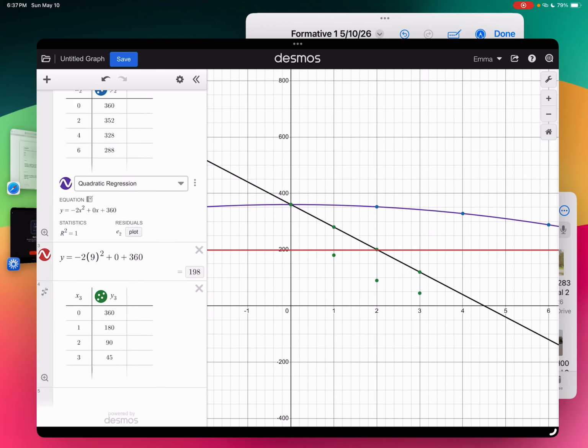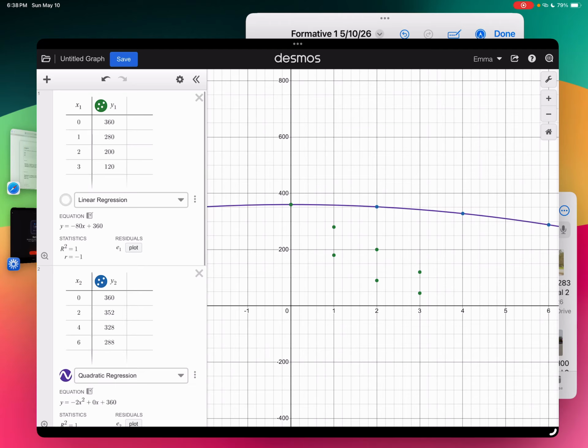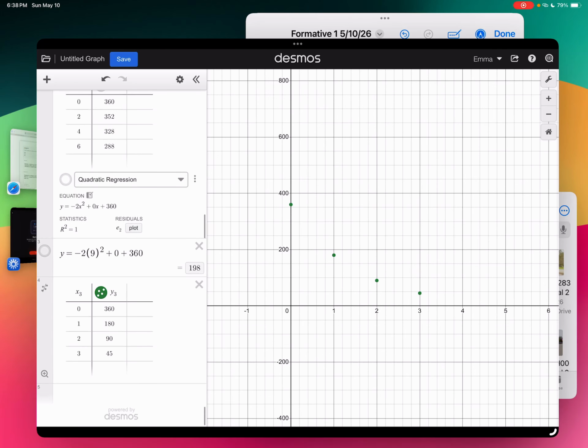So you can see the green dots right here. If you take away the other ones, you can see the green dots right there. Those, you can definitely see it's an exponential function.